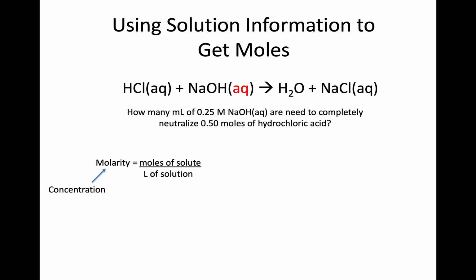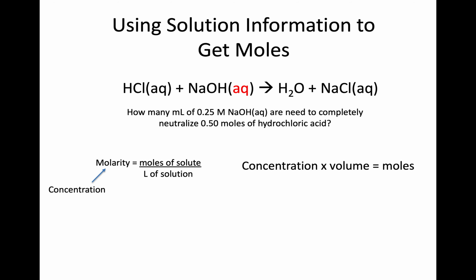We've seen before that we can use solution information to get the number of moles. Here's a neutralization reaction involving hydrochloric acid and sodium hydroxide. The sodium hydroxide is aqueous, so we have a concentration given for it, a certain molarity. Molarity, you recall, is moles per liter.